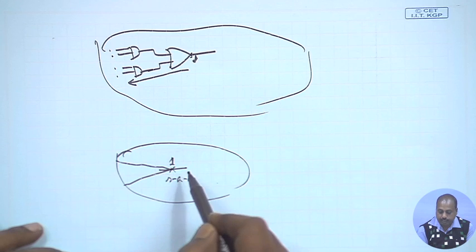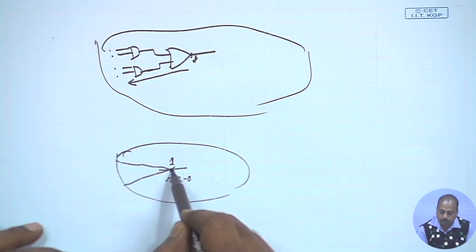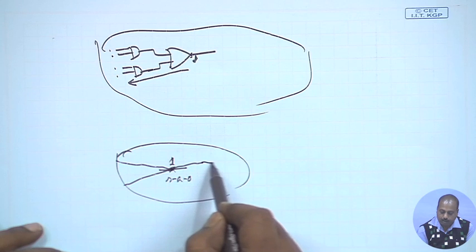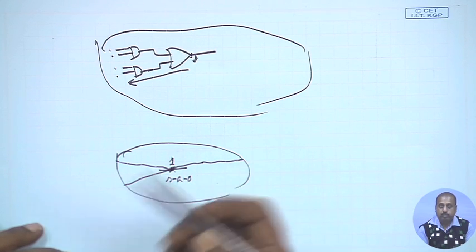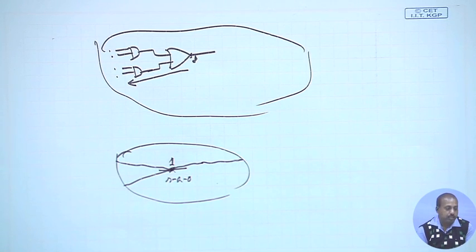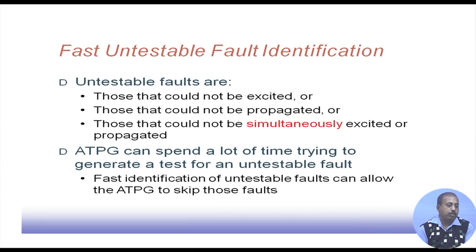Another possibility is that it is not possible to take this observation to some primary output, so it is not possible to propagate this fault. This is another case where the fault becomes untestable. Another possibility is faults that cannot be simultaneously excited and propagated. Naturally, they are also untestable faults.